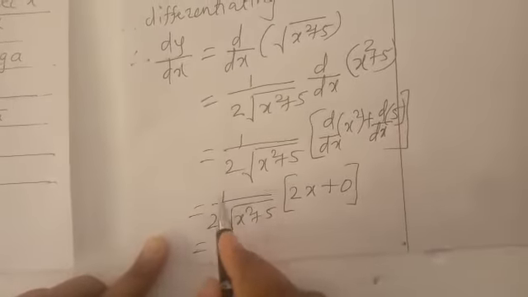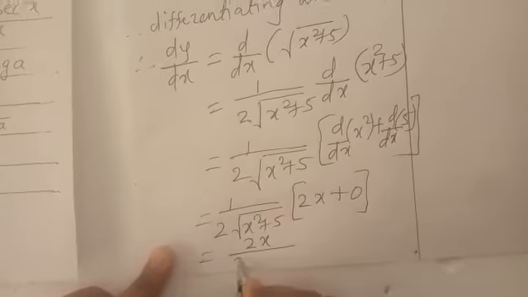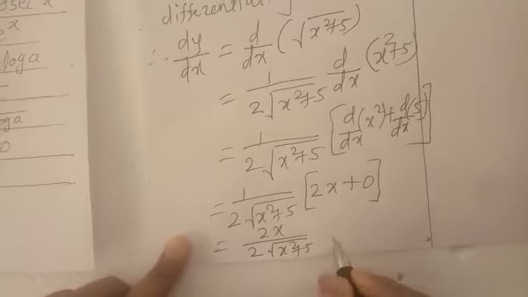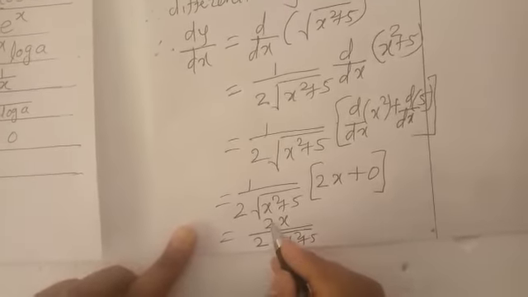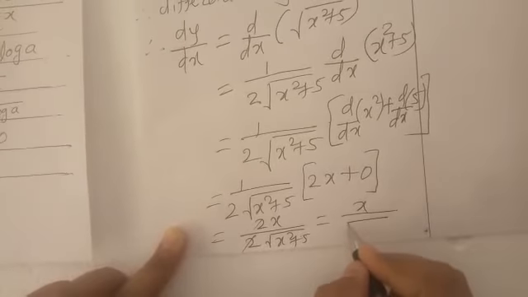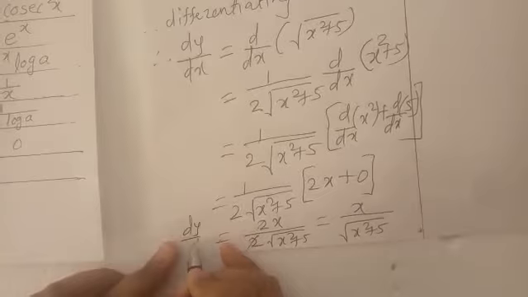Now 2x is multiplied to 1, therefore we can write 2x upon 2 in root x square plus 5. Now 2 divided by 2 gets cancelled, and therefore x upon root x square plus 5. This is the final answer.